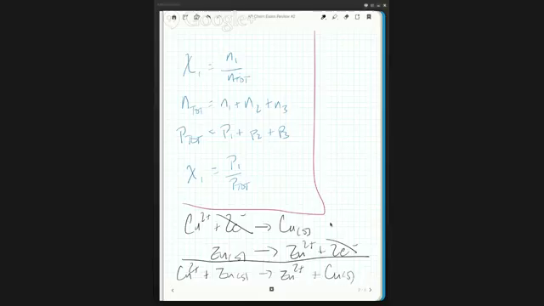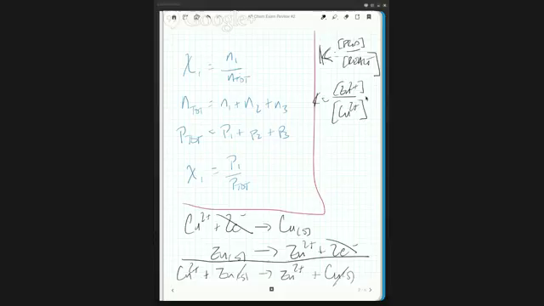And if you're talking about K, K is equal to concentration of products over concentration of reactants. The zinc solid and the copper solid don't count because they're both solids. So you end up with the concentration of zinc 2 plus over the concentration of copper 2 plus.